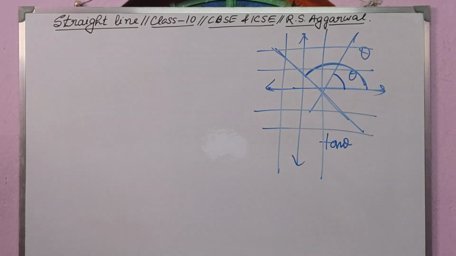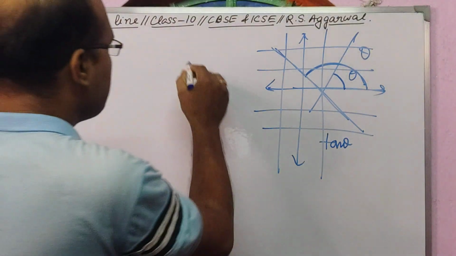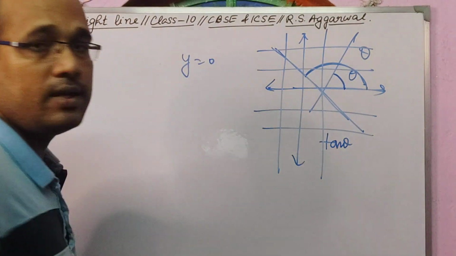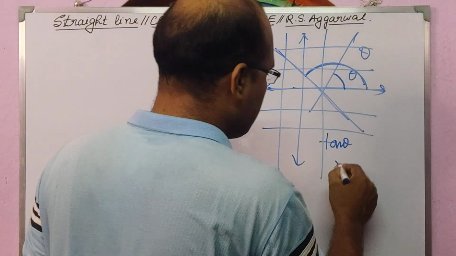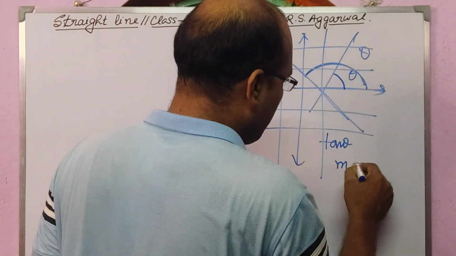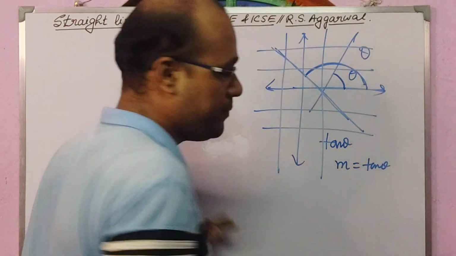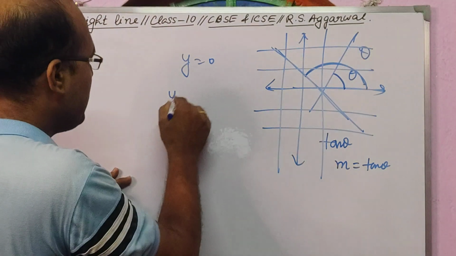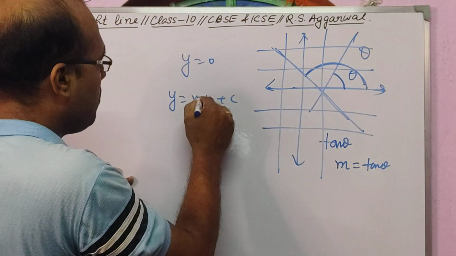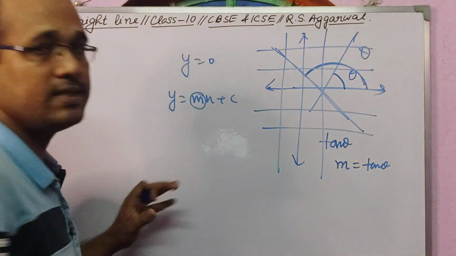Next, what is the slope of a line parallel to the x-axis? The equation of the x-axis, you know, is y is equal to 0. As this is y is equal to 0, we express the gradient or slope by m, where m is equal to tan theta. Here the value of m is equal to 0. When we take y is equal to mx plus c, always this m, the coefficient of x, is the gradient.